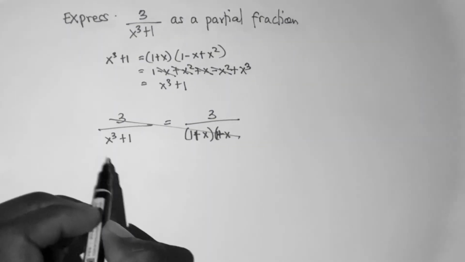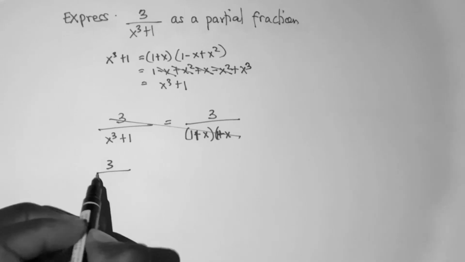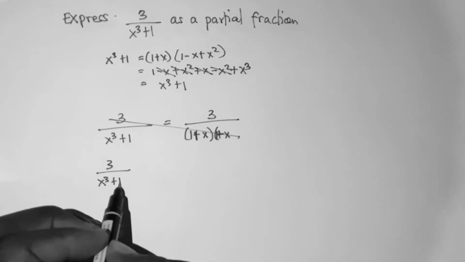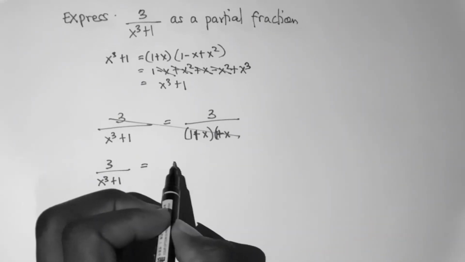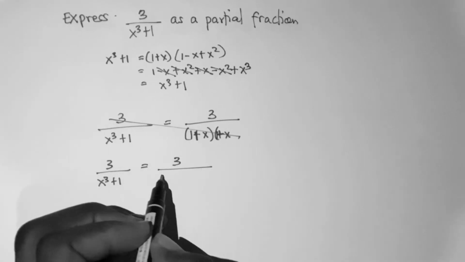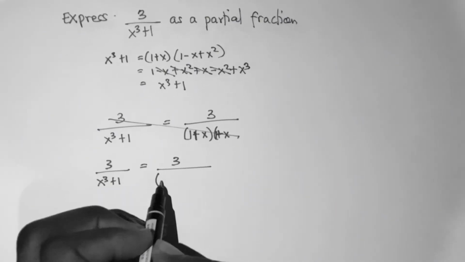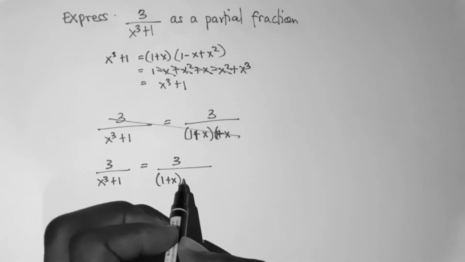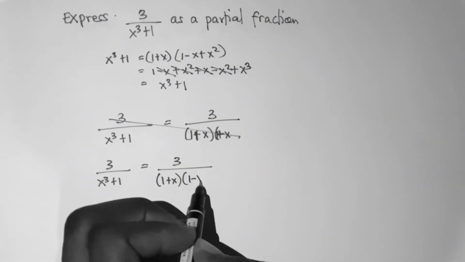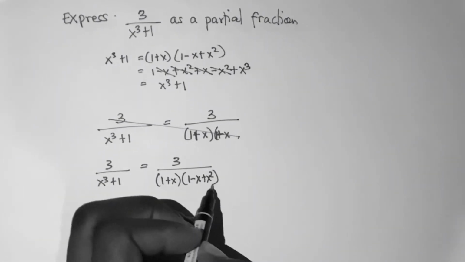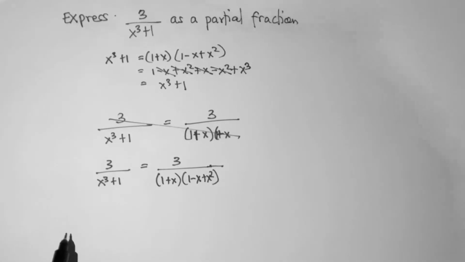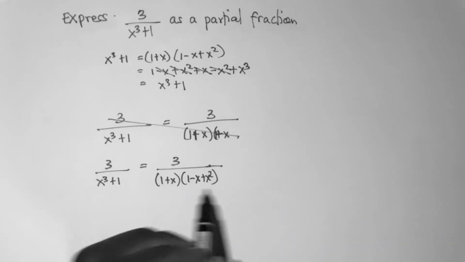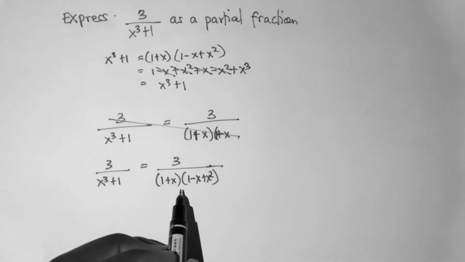Let me rewrite it here. So 3 divided by x cubed plus 1 can be written as 3 divided by (1 plus x) times another bracket (1 minus x plus x squared). So now this is what we will take and express in partial fractions.